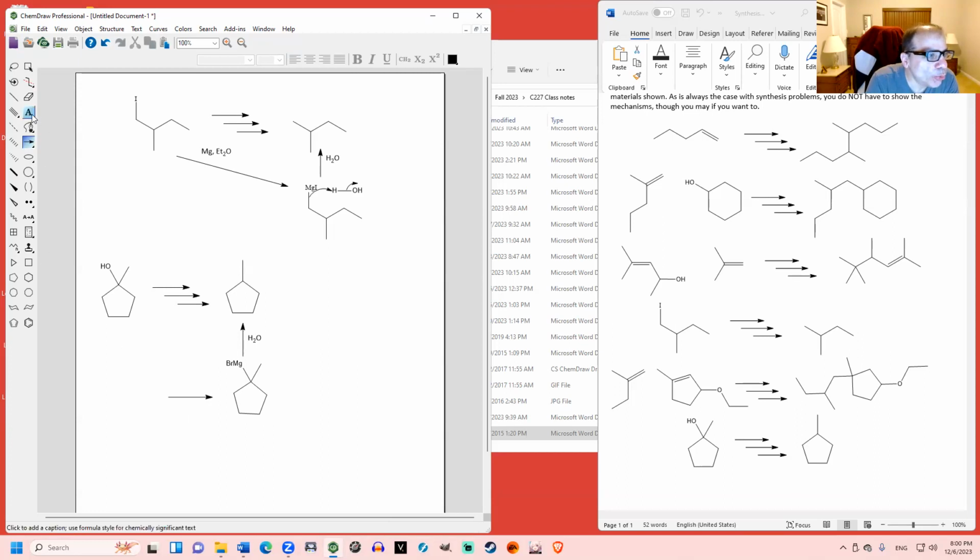I disobeyed my own rule and forgot to count the carbons both times. 1, 2, 3, 4, 5. And this one has 6 carbons, and the product also has 6 carbons.